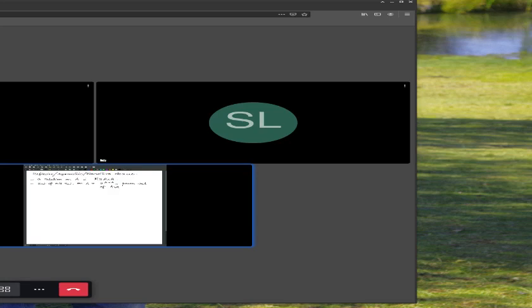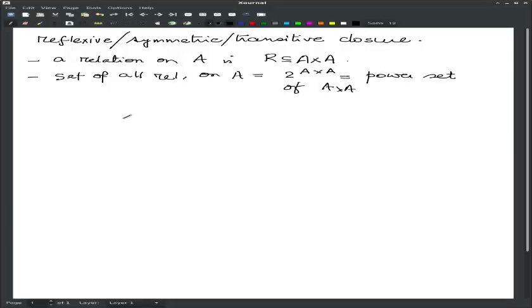So the thing is that it is the set of all subsets of A cross A. Now you know subsets can be compared.